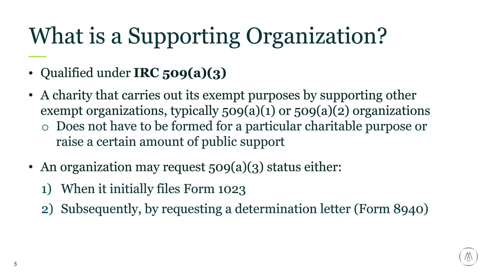(4). Now, in general, 509(a)(1) organizations include churches, schools, hospitals, and other organizations that receive their public support primarily from gifts, grants, and contributions from a broad group of people. Section 509(a)(2) covers organizations that receive their support from a combination of gifts, grants, and contributions, as well as fees from their exempt services.